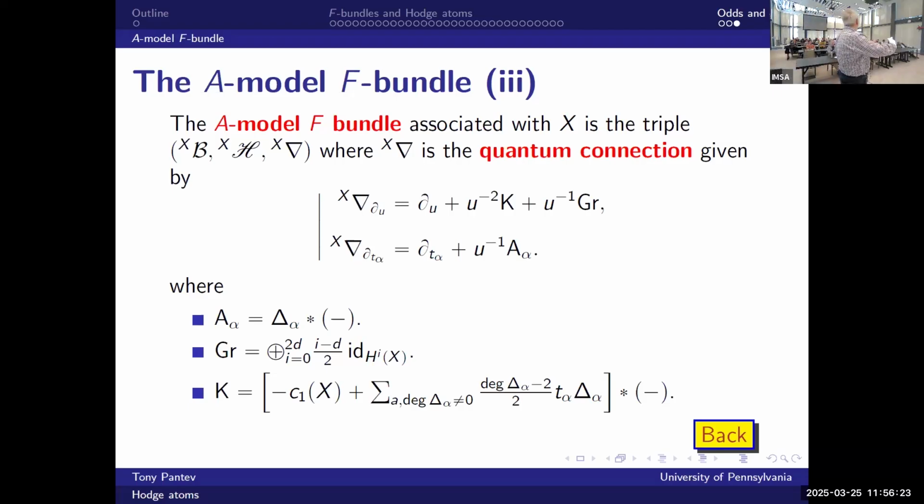So it lives over this polydisk in the cohomology cross one-dimensional formal disk with variable u. In the u direction, it is given by a Laurent tail that has two terms. One is the grading operator that we had before in degree -1. In degree -2, you have a multiplication by an operator. It's multiplication by minus the first Chern class plus the sum of all the homology classes.